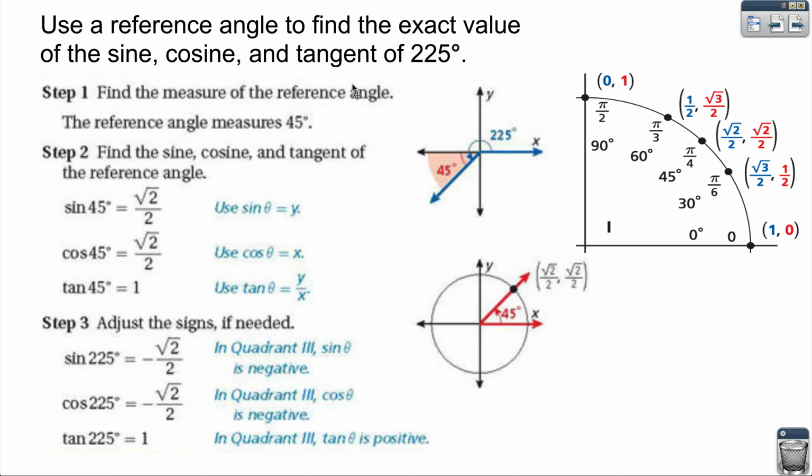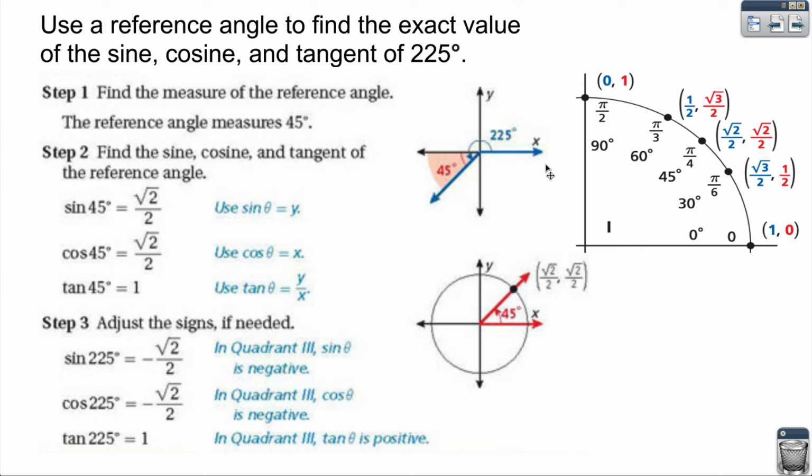Here's how. That was step 1. Step 2, we're going to use the reference angle to evaluate 225 degrees. So we're using sine 45 degrees. What do you know about sine 45 degrees? Go back over here. In quadrant 1, we were given the following coordinates, and you're going to use these values, where sine 45 degrees is root 2 over 2, the y coordinate.